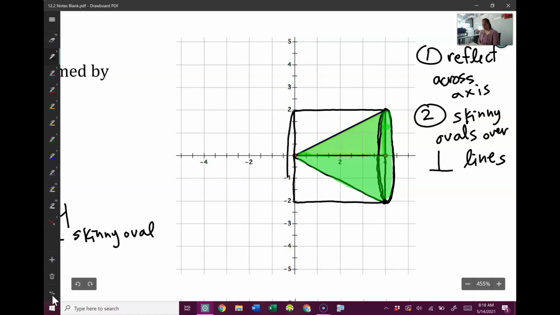So I add my skinny oval to make it look like a cylinder. And you'll notice that this cone fits inside the cylinder. So what we're really saying is this cone is only a fraction of the entire cylinder.